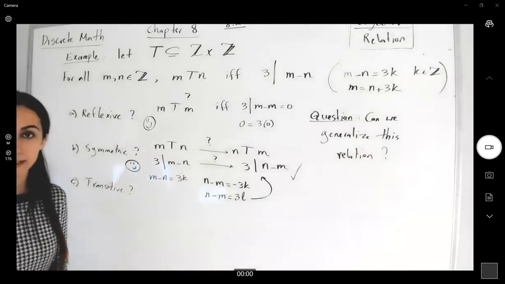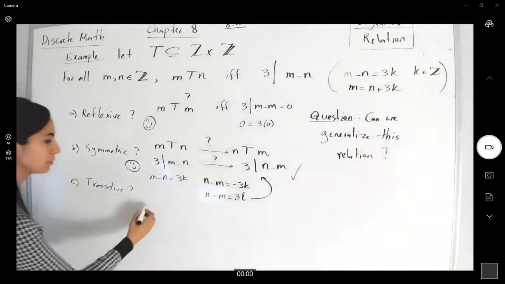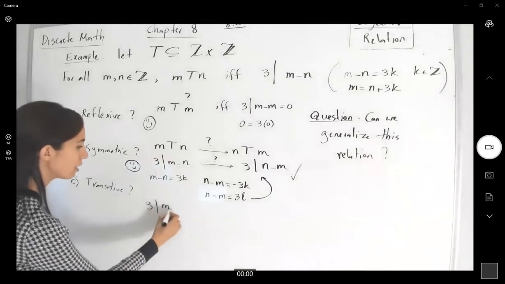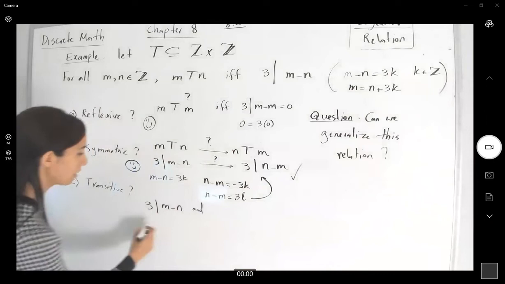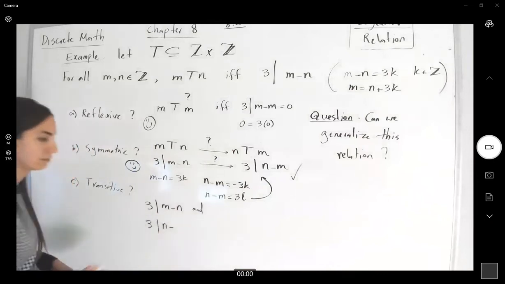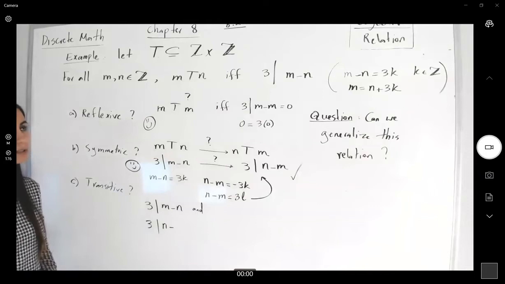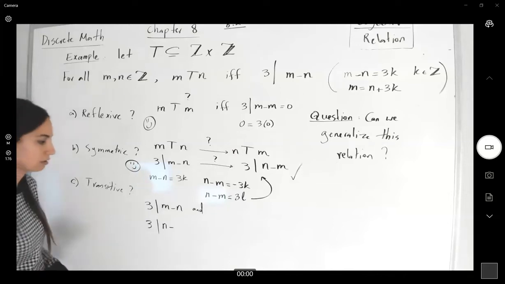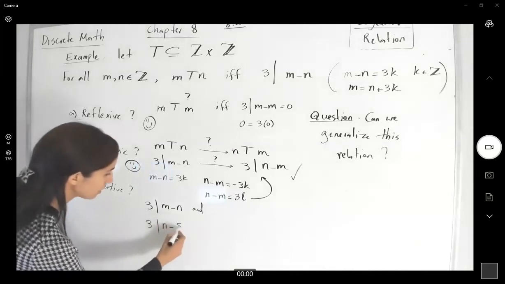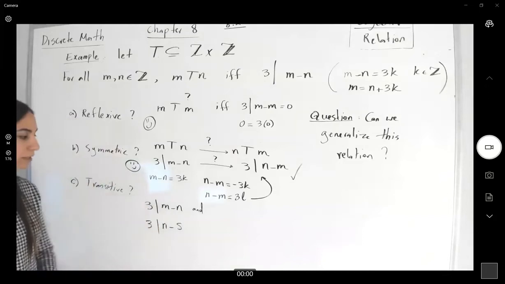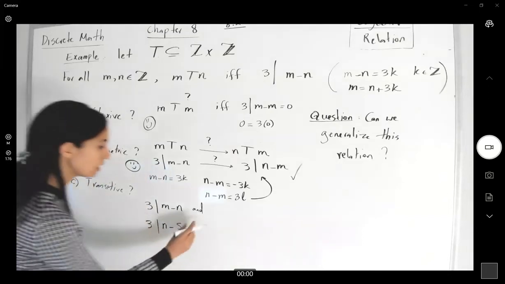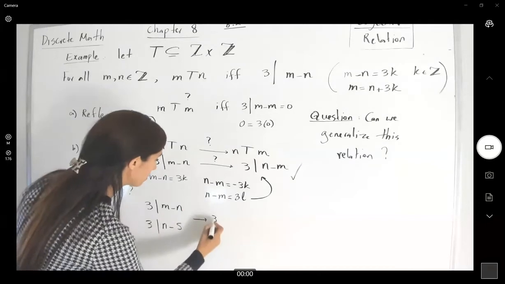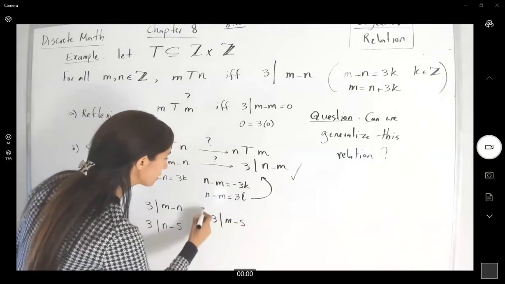Well, is it transitive? What's the meaning of that? It means that if 3 divides M minus N and 3 divides N minus an integer, let us call it, I don't know, which one you prefer, let's call it S. So 3 divides M minus N, 3 divides N minus S. Can we conclude that 3 divides M minus S?